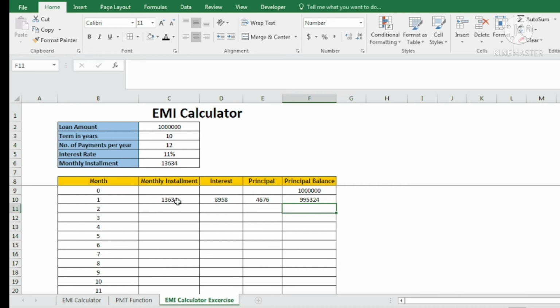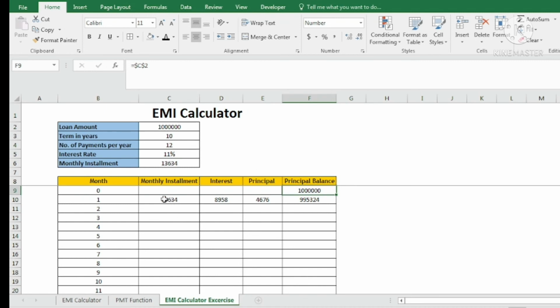Now look here again at what we have done. We first calculated the monthly installment by using the PMT formula, which we learned just now. And then we have created this table. In this table we have started with month 0, that means we are starting with the same loan amount, so it is equal to this cell.